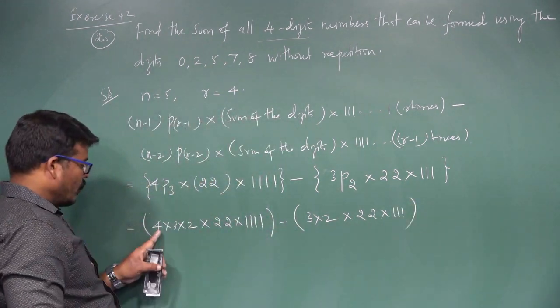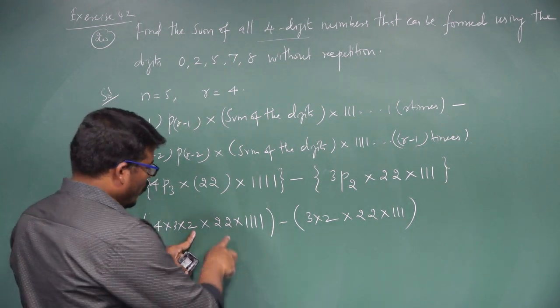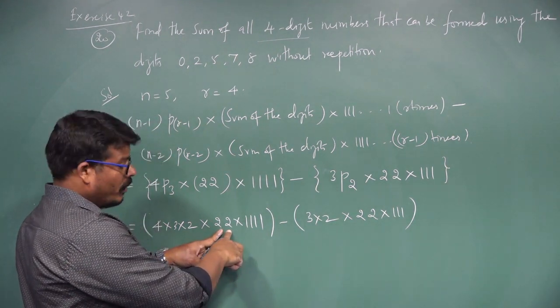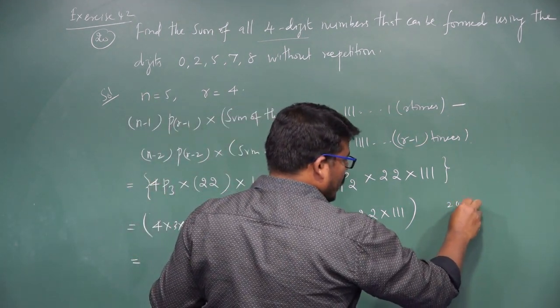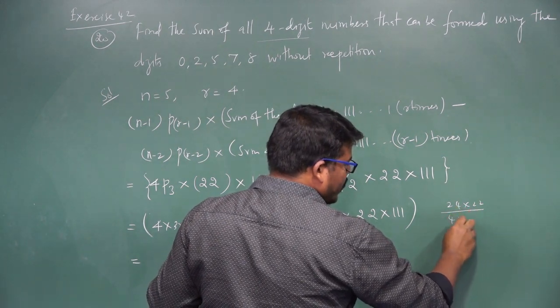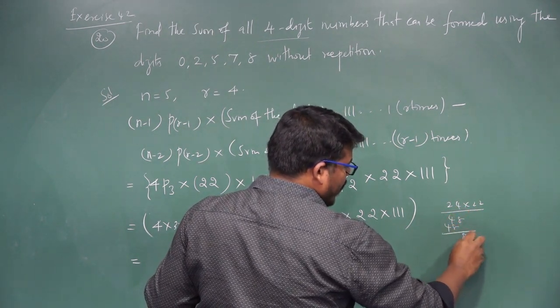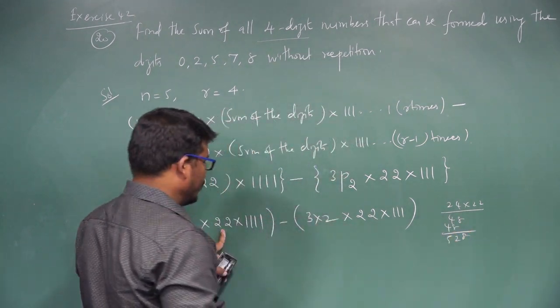That is equal to 4 3s are 12, 12 into 2 is 24, 24 into 22 into 1, 1, 1, 1. 24 into 22: 24 into 2 is 48, and carrying gives 528.